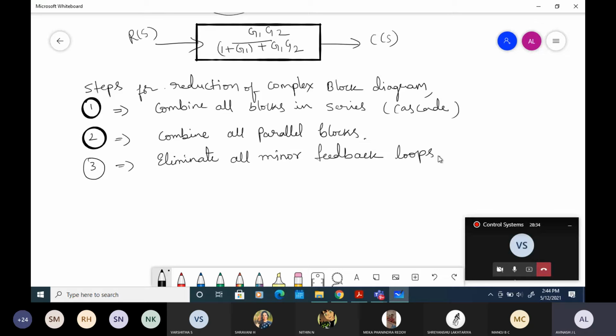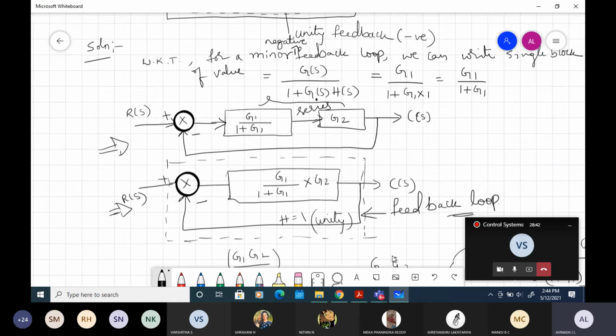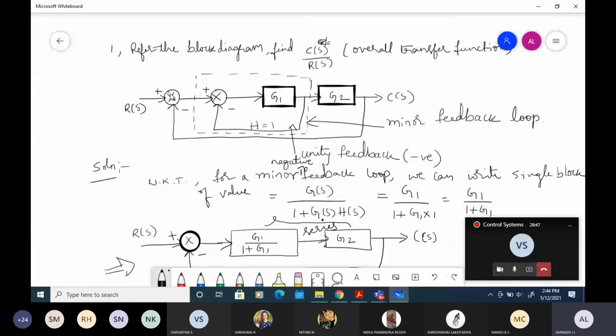Now if I look at this particular numerical, what exactly did you do? You started thinking of blocks in series. You thought G1 and G2 are in the same line, but they are not in series. Why? Because there is a takeoff point.